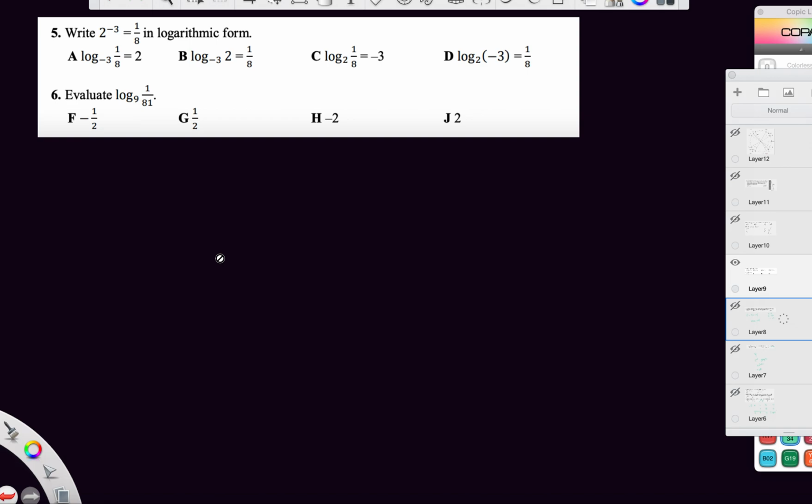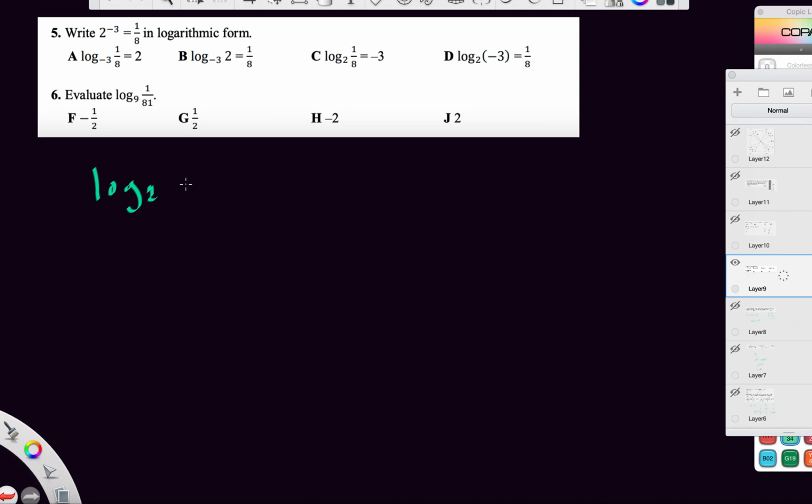Logarithms. Cool. Here's logarithmic form. Here's exponential form. Here's logarithmic form. All right? So you're going to take something in exponential form and just rewrite it. What this says is that 2 to the negative third is 1/8. When we write it in log form, we're going to write it as log. The base is going to stay the same, but we're going to make it a log base.